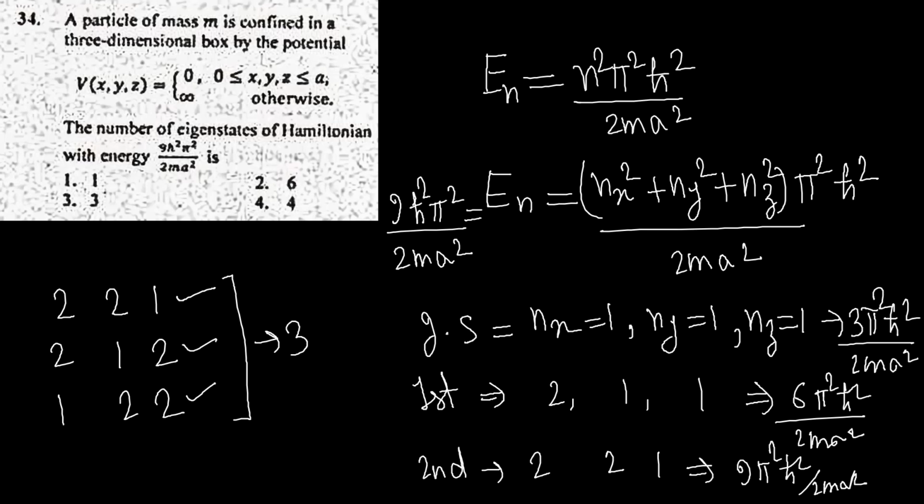Is any other value possible? No, because the third excited state can be 3 1 1, where the energy will be 9 plus 1 plus 1, so 11. And one more is 2 2 2, which will be 4 plus 4 plus 4, 12. So three eigenstates are possible for this energy. So option 3 will be correct.